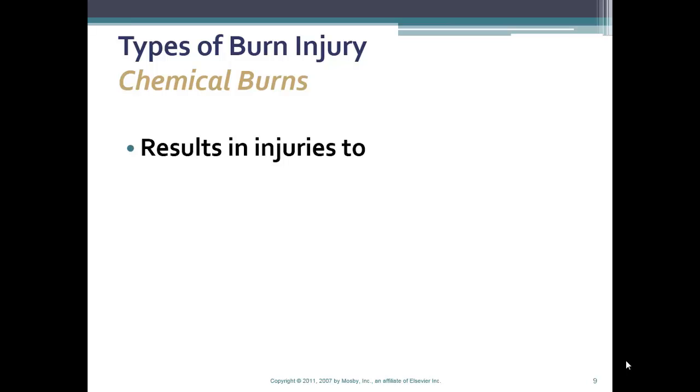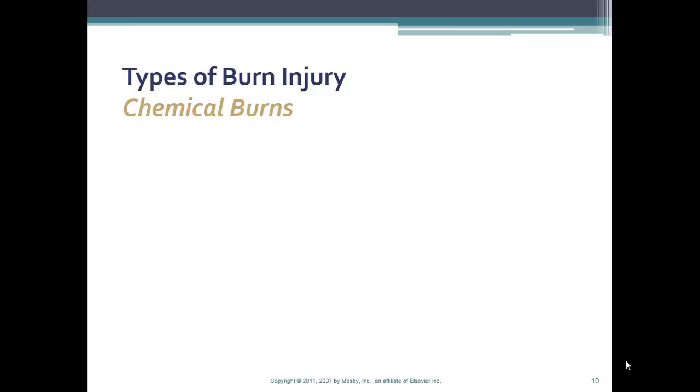Injuries can be to the skin, the eyes, the respiratory system. It can cause damage to the liver and kidneys. Your priority is to remove the chemical as quickly as you can from the skin. Try to contain or remove the clothing that the chemical has come in contact with.